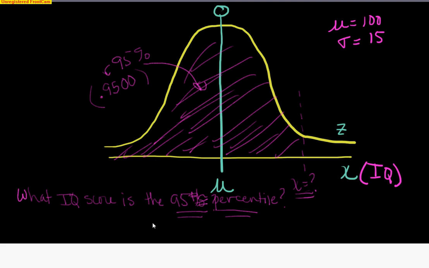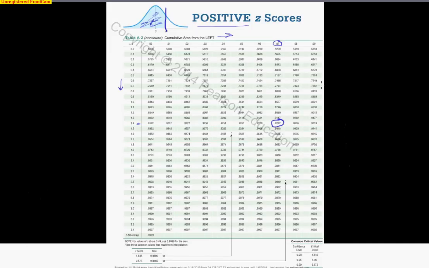Okay, and then I'm going to pause, go over to our z-table. Because I'm on the right side, I need to use my positive z-table because I am to the right of the mean. So here's our z-table. Now, because I know the area but not the z-score, I've got to work in the reverse. This is a little trickier, but we're just looking for 0.9500.